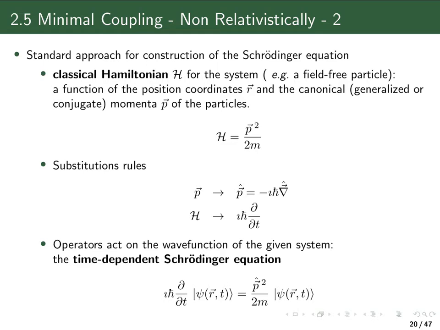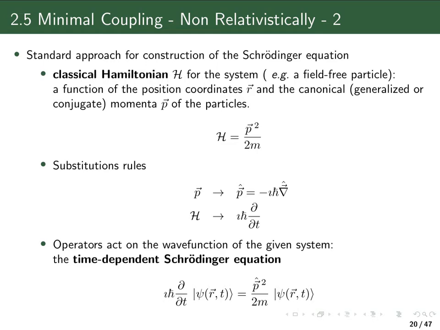Now, one can get to the Schrödinger equation by replacing those functions, the Hamiltonian and the canonical momentum vector, by operators using the general substitution rules that the canonical momentum vector is substituted by the operator for the canonical momentum vector, which is minus i, the imaginary i, meaning the square root of -1, times h bar times the gradient operator, which is a vector operator, and the components are the first derivatives with respect to x, y, and z.